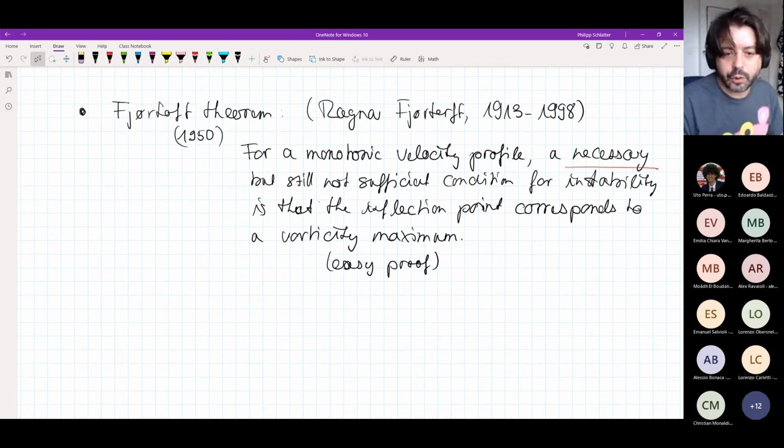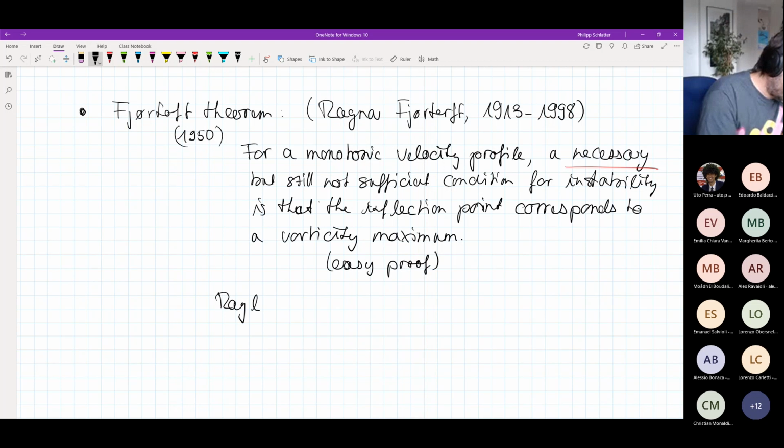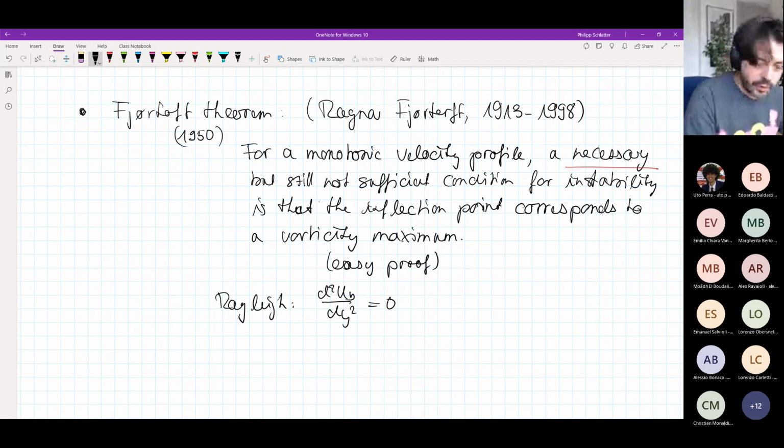And of course, that's already an important point. What it means is, from Rayleigh, we know that we need d squared Ub dy squared to be 0 somewhere. And now we can calculate the vorticity of the profile. That's what Fjørtoft wants.